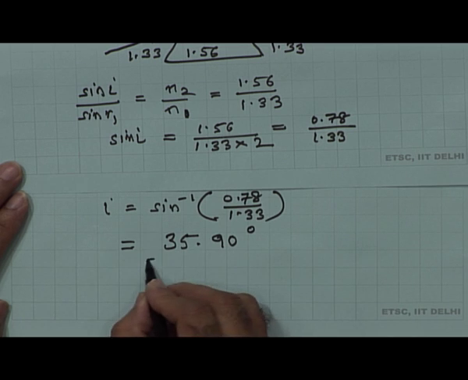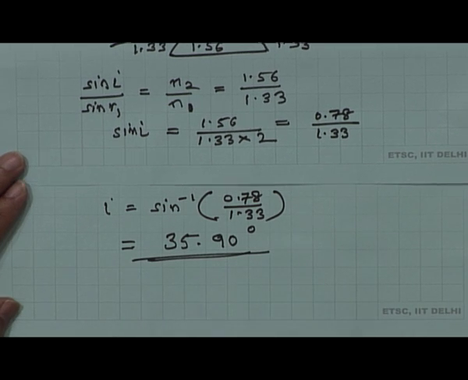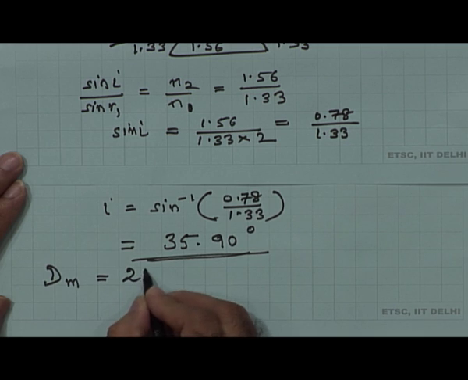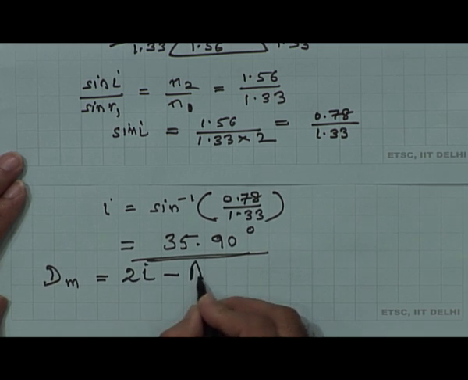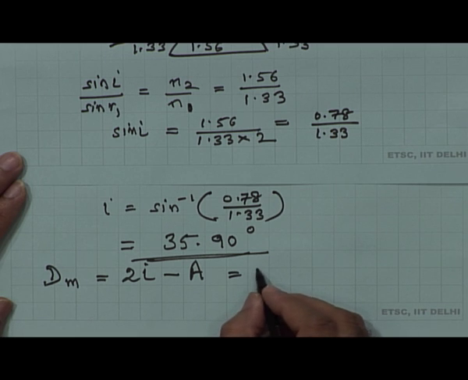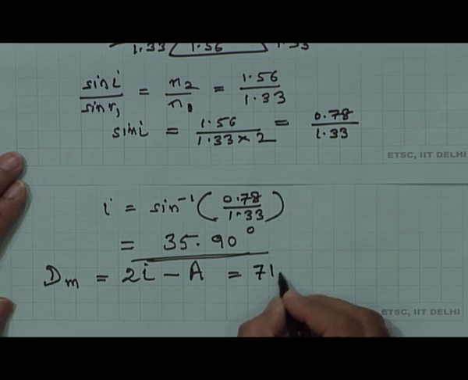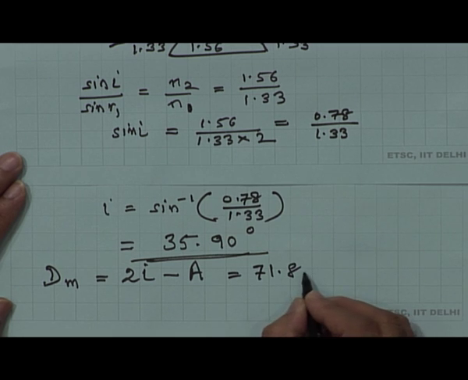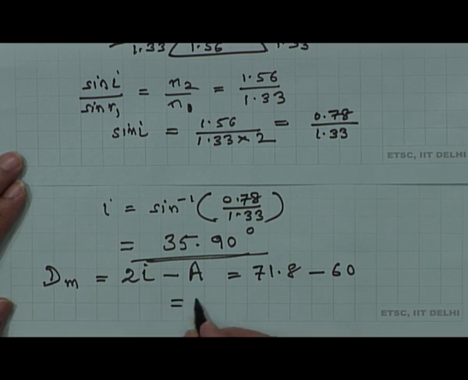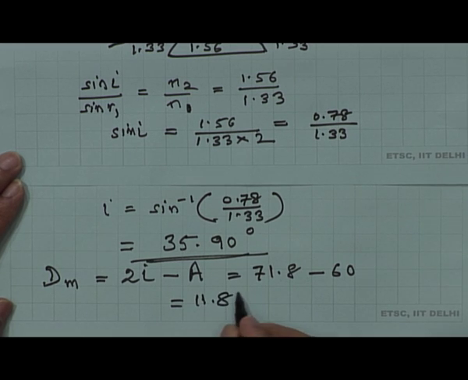Therefore, the angle of minimum deviation is equal to twice I minus A, that is 35.9 into 2, which is 71.8, minus 60 degree. So, that is equal to 11.8 degree.